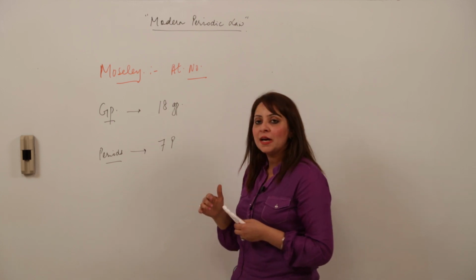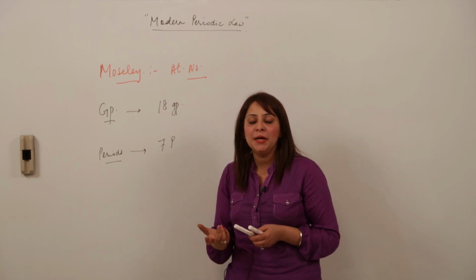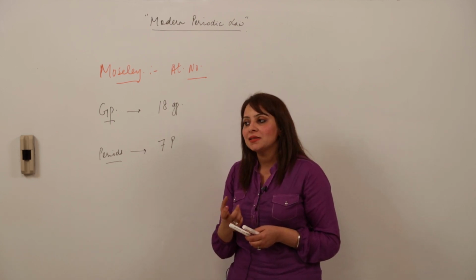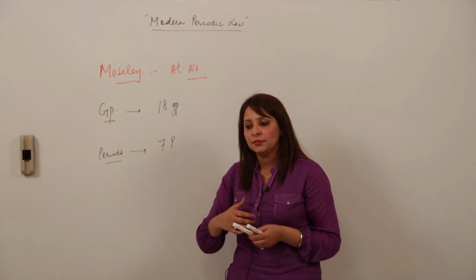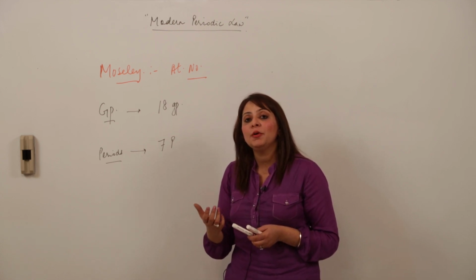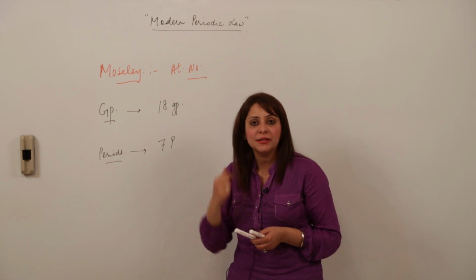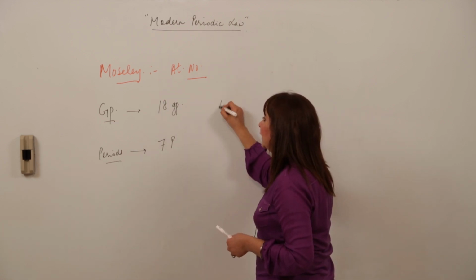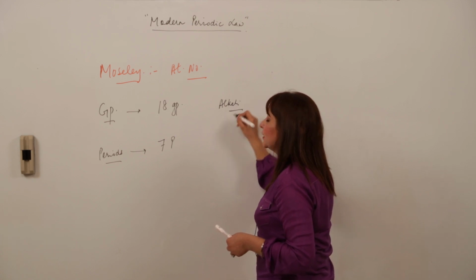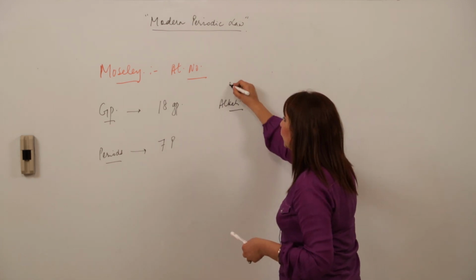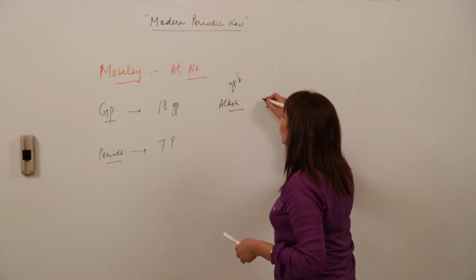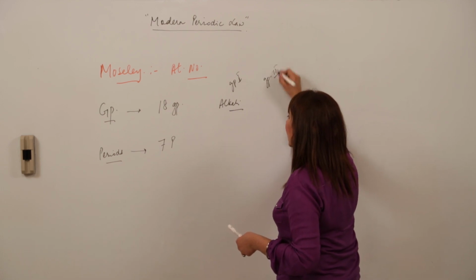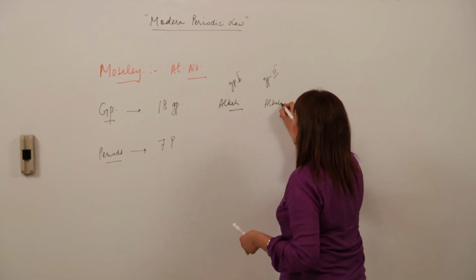Out of 18 groups, some groups were given specific names, otherwise we can call them families, by prefixing the name of the element which is present as the first element. So the first group is called the alkali group, which comprises lithium, sodium, like that, and group 2 was called the alkaline earth metal group.